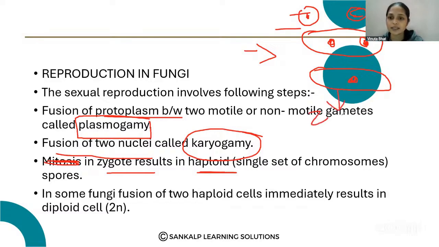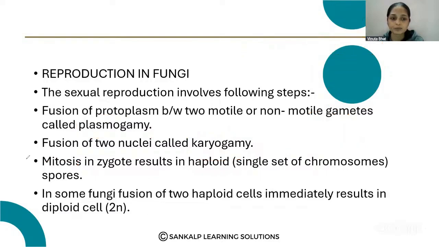This forms the zygote, and meiosis, not mitosis, and formation of the spores. So these are the three steps involved in sexual reproduction of the fungi: plasmogamy, karyogamy, and meiosis, then formation of the spores.